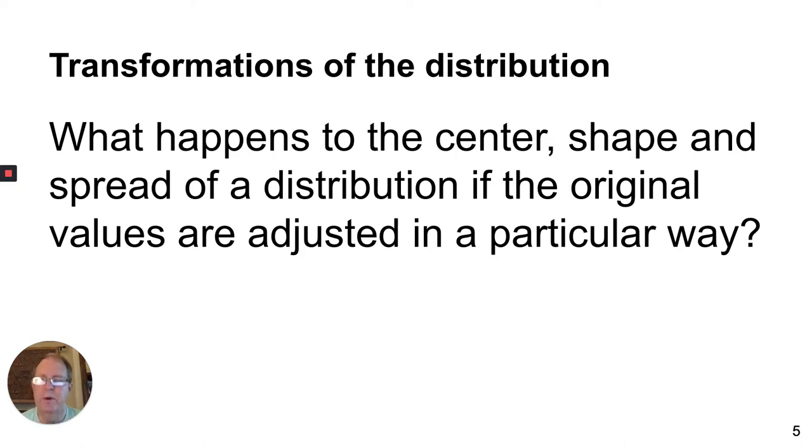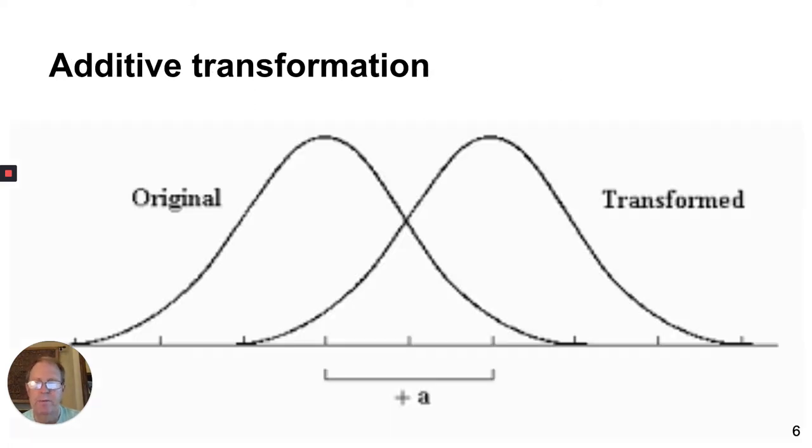This is just a quick reminder about transformations, something we learned last chapter. What happens to the center, shape, and spread of a distribution if the original values are adjusted in a particular way? If I have my original graph and I add the value a to every single observation, I'm just going to get a transformed graph that is shifted a units to the right.